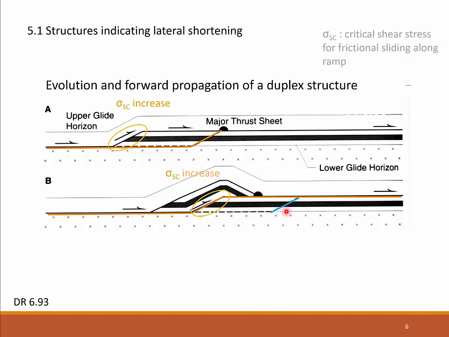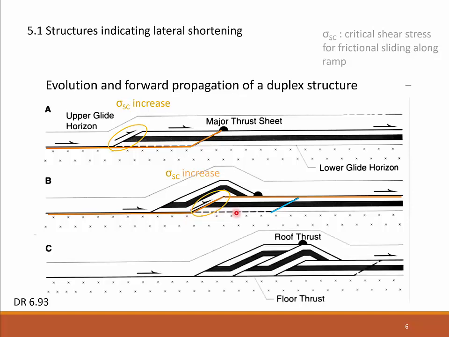We form a new ramp further along the brittle layer in the footwall, and that will activate an extension of the lower slip horizon that then will facilitate the formation of the next horse, because also this segment here needs to override its footwall, and it will become bent and folded as the first horse before.